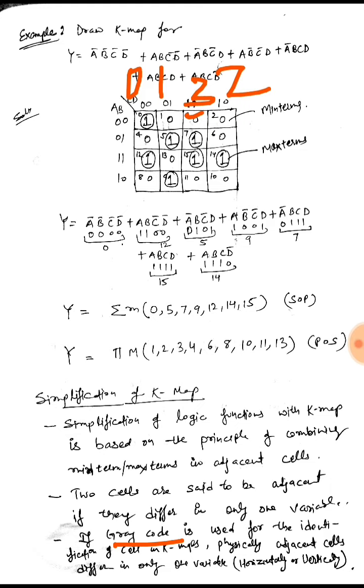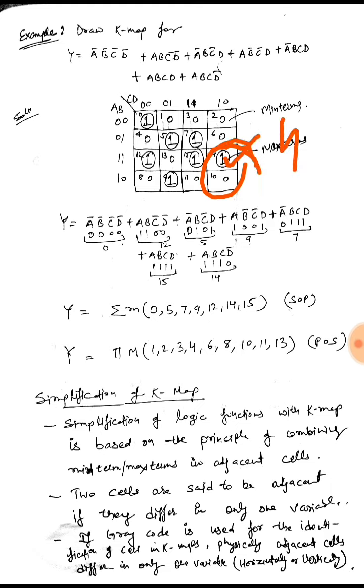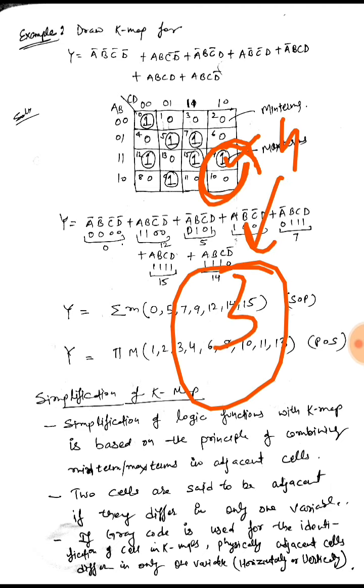Any two adjacent cells differ in only one variable, horizontally or vertically. So if I take a pair of these two cells, it would simplify my logical function, because in a 4 variable K-map, every max term contains 4 variables. If I take a pair of 2 max terms, then it will contain only 3 variables.